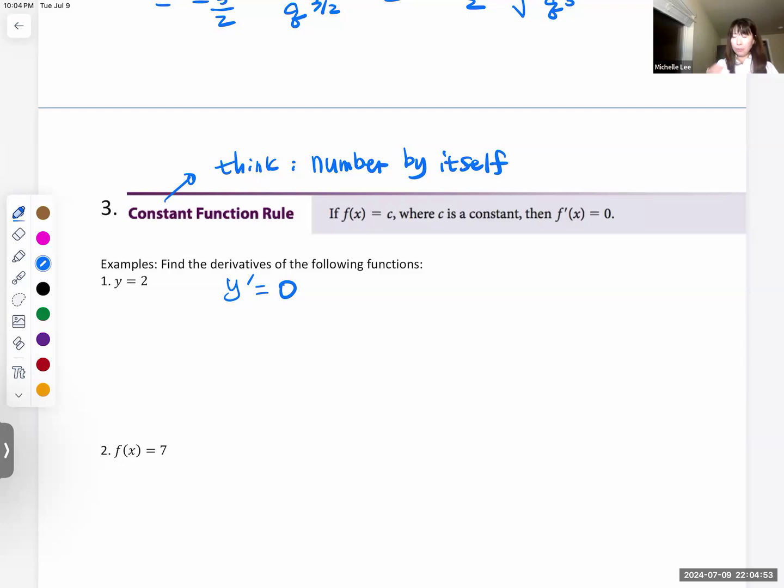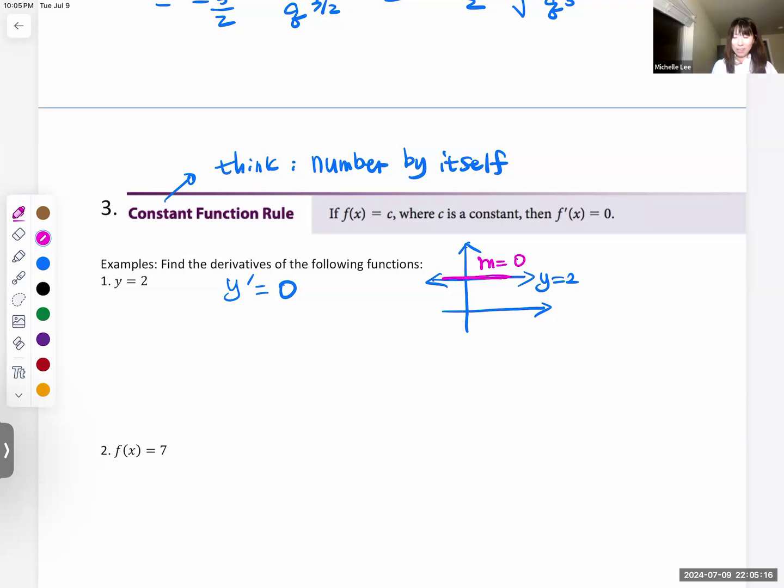Okay, for your reference, y equal to 2 is a horizontal line. What's the slope of the tangent line? This is 0, flat, right?